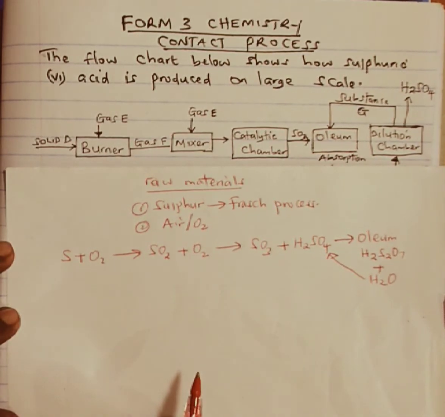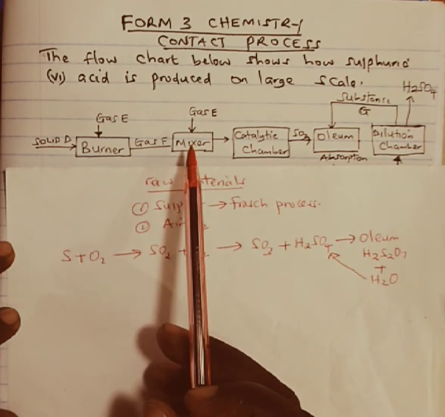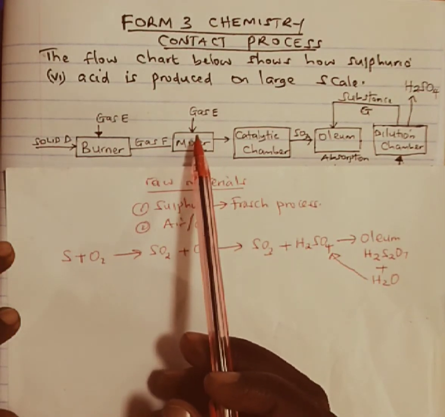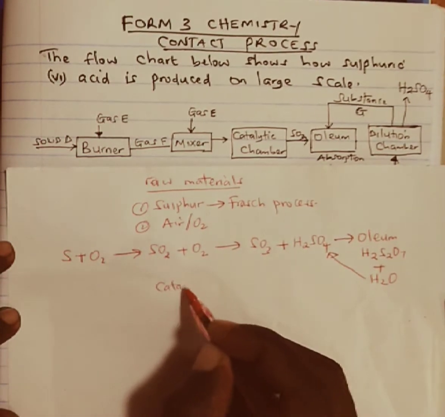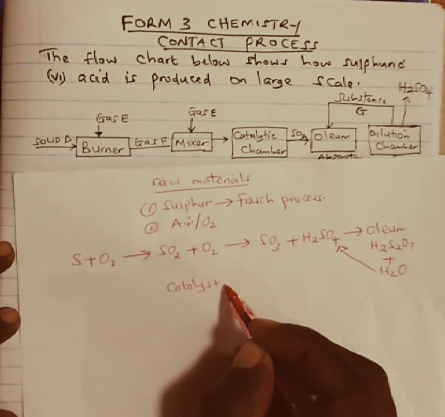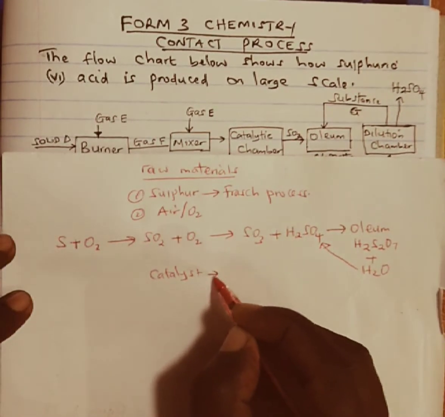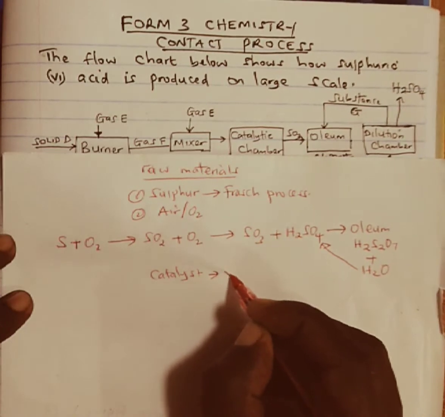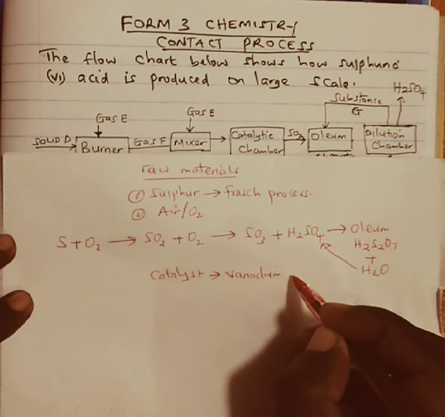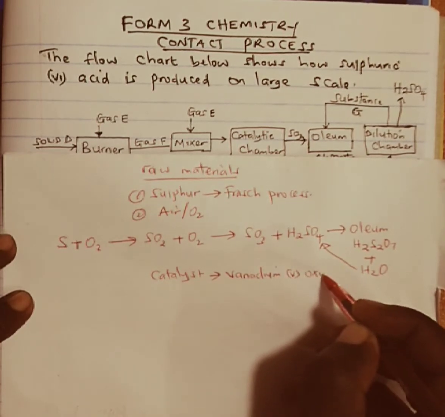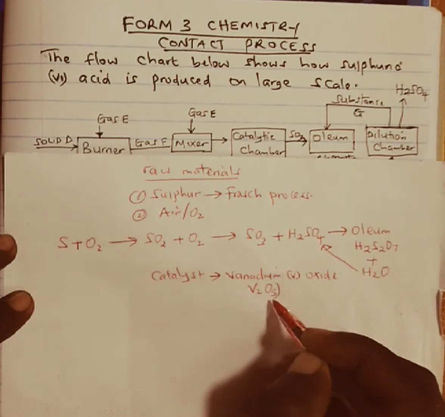Then we take the oleum and dilute it with water to get the concentrated sulfuric acid. Another thing that we need to know is that this is a catalyzed process, and therefore we use a catalyst. The catalyst used here is, number one, vanadium 5 oxide, that is V2O5.